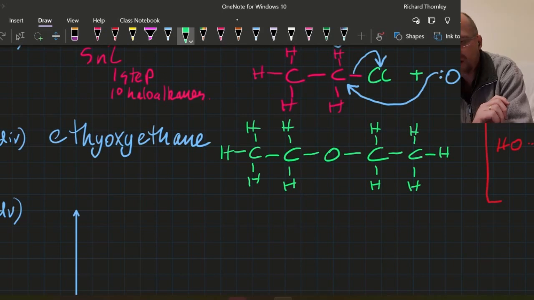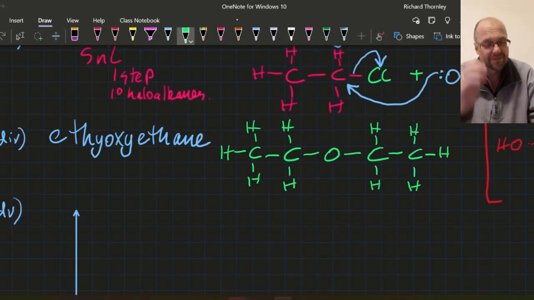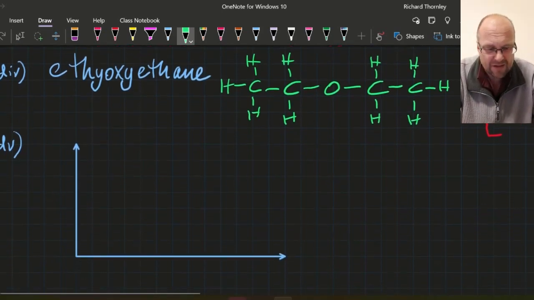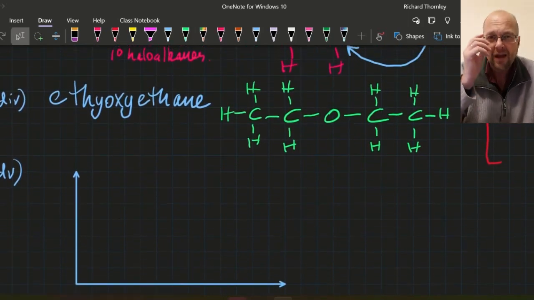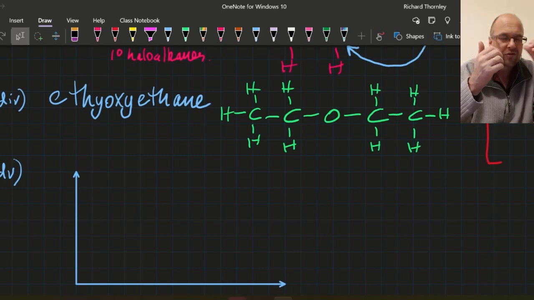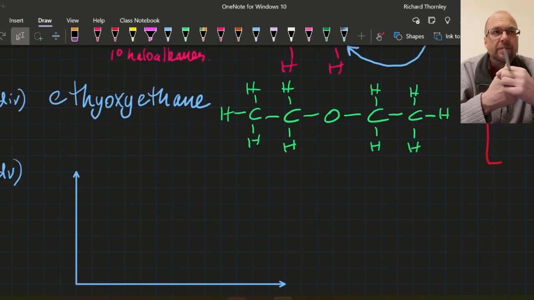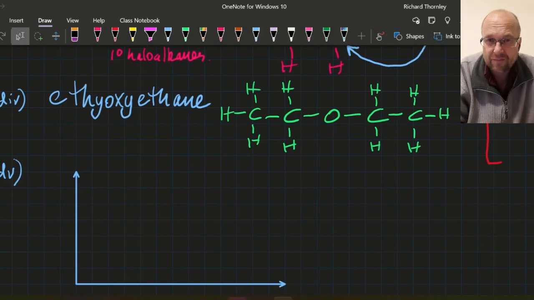Ooh, H1NMR with splitting. I do like H1NMR. I don't know why. Okay, so first of all, H1NMR only works if there's H atoms. So the H1NMR for tetrafluoromethane, there's nothing. Carbon dioxide, there's nothing. It's got to be hydrogens.